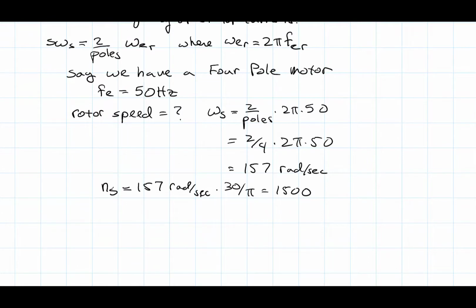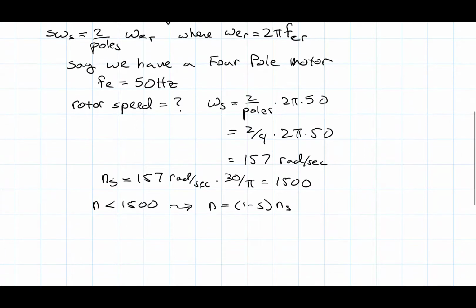So what this tells me is that the rotor speed N is going to be less than 1500, because we know that the rotor speed is 1 minus S times the synchronous speed. It's not going to be greater than 1500, and it's not going to be significantly lower than 1500. The important point here is that the slip is going to be less than or equal to 1.